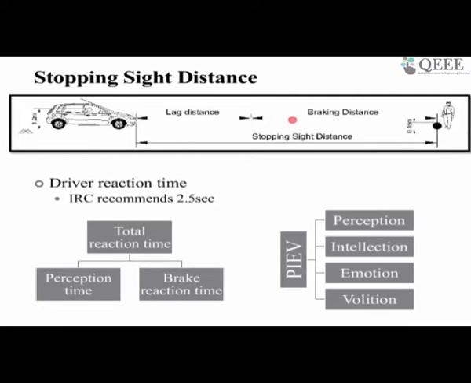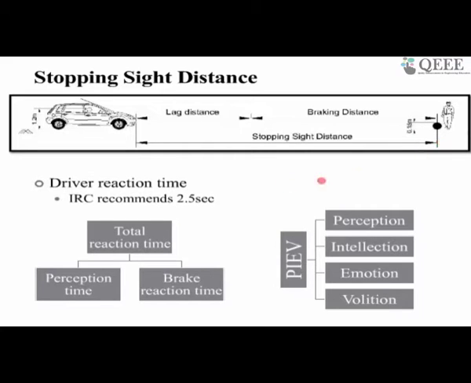So let's look into the stopping process. What happens in the stopping process? A vehicle needs to stop when it sees some danger ahead, some object, and the process involves the driver seeing that object, reacting to that, applying the brake, and then the physical braking starts. Now there are certain specifications.